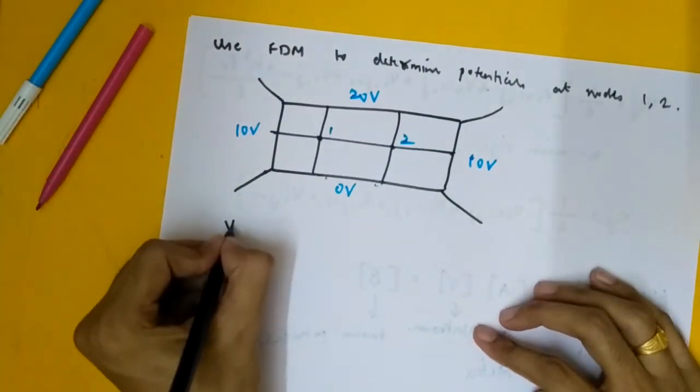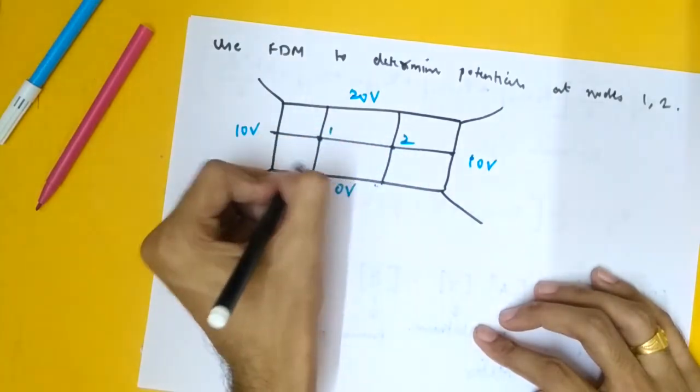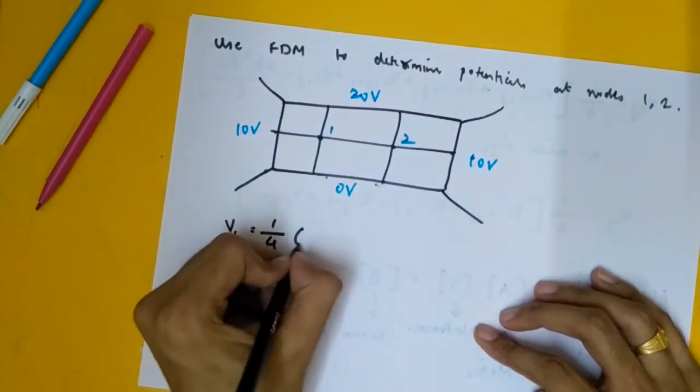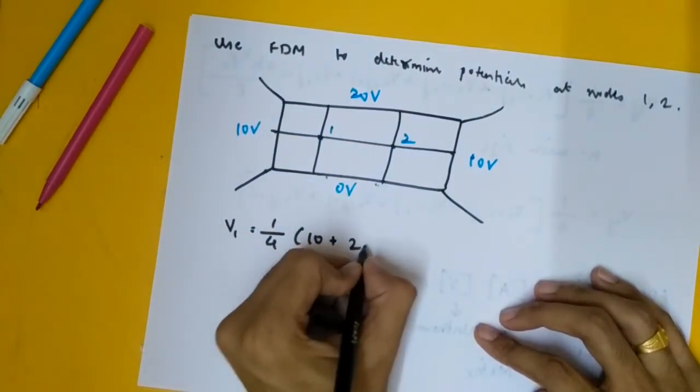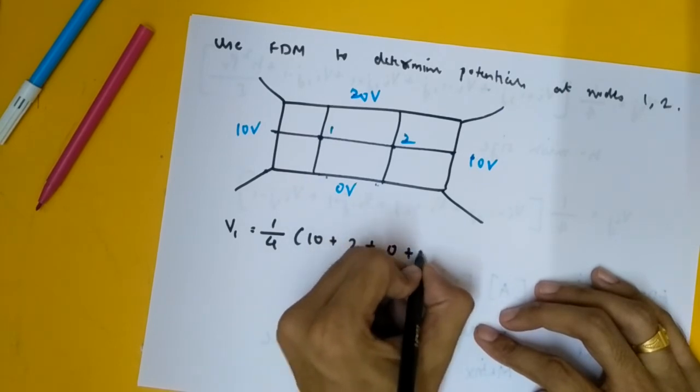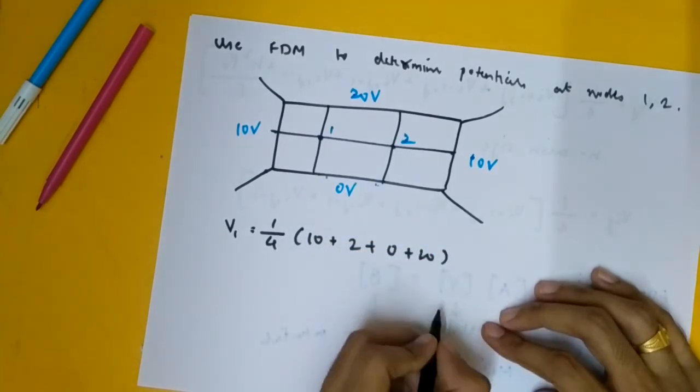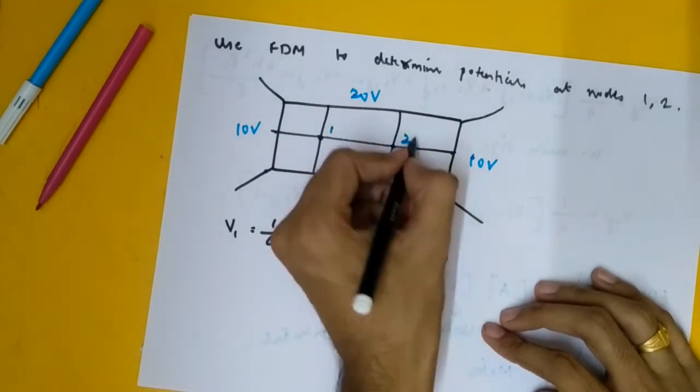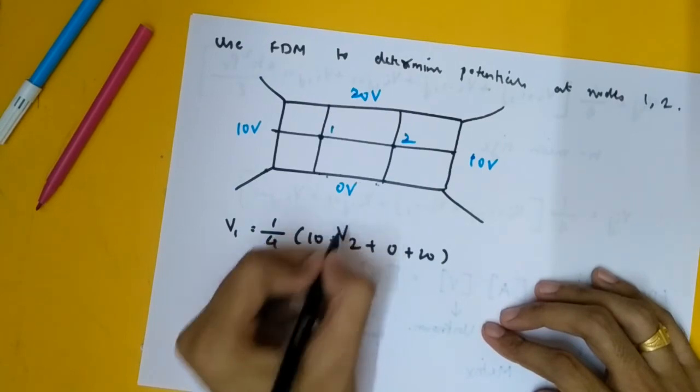So what will be the formula for V1? The addition of neighboring nodes divided by 4. So 1/4 into 10 plus 2 plus 0 plus 20, right? I made some mistake. Yeah, this is not 2, this is V2, right?